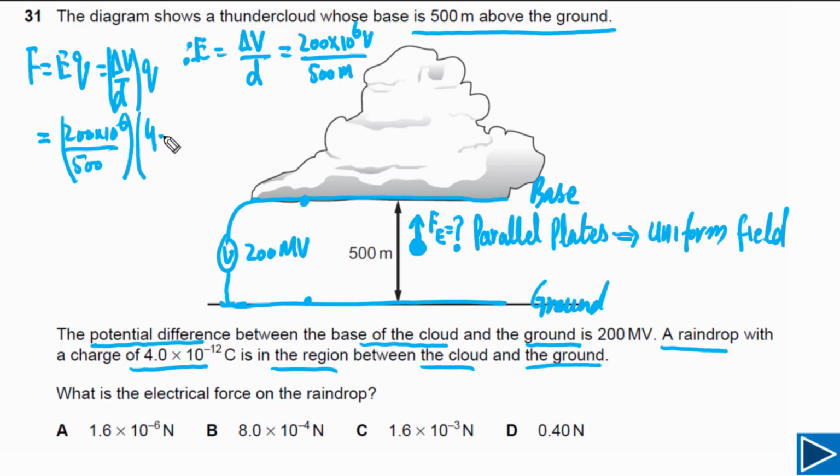So the charge on the raindrop is 4.0 times 10 to the negative 12 coulombs. Now if we solve this, we will get our final answer, that will be equal to 1.6 times 10 to the negative 6 newtons. So this is the magnitude of the electric force on this raindrop.